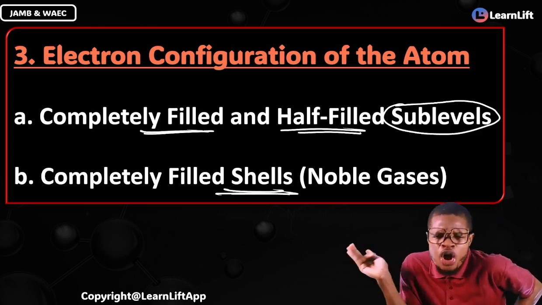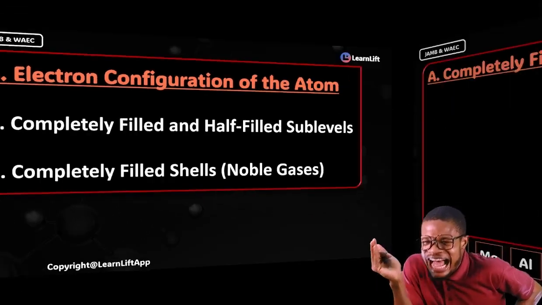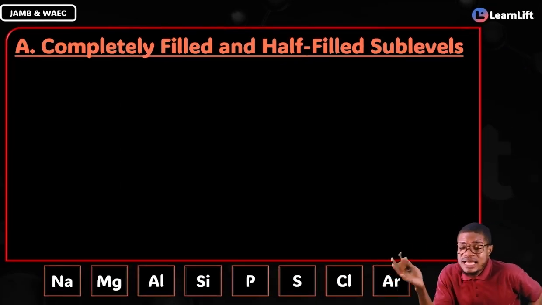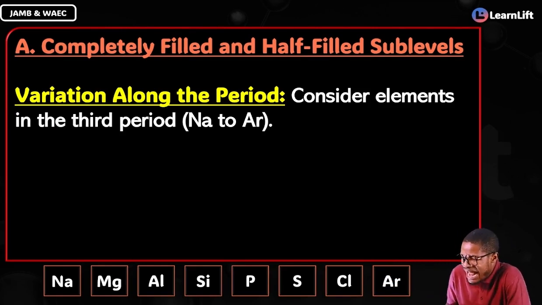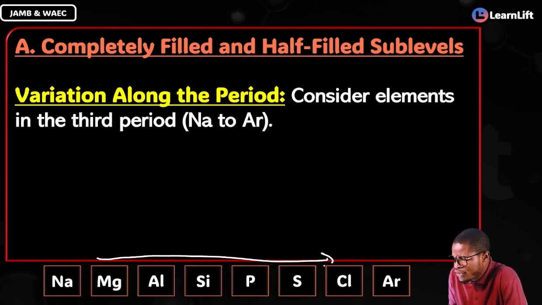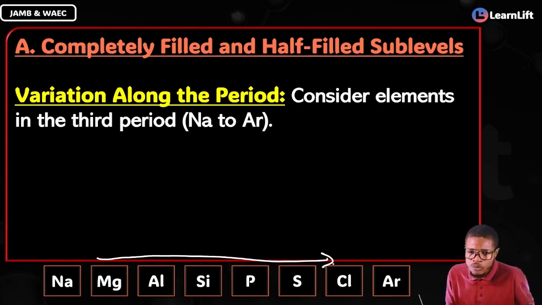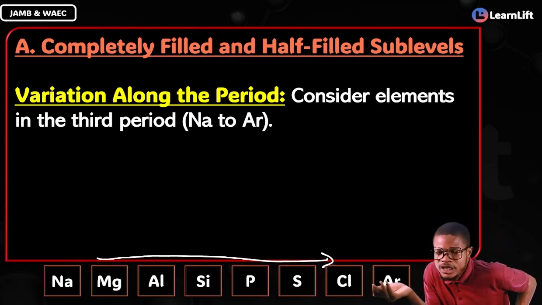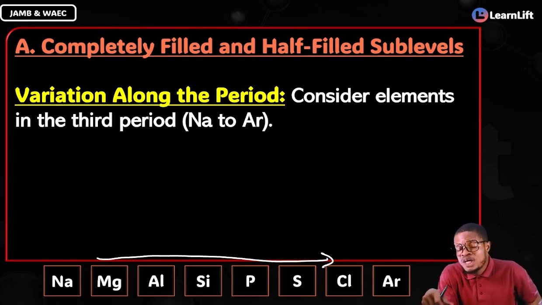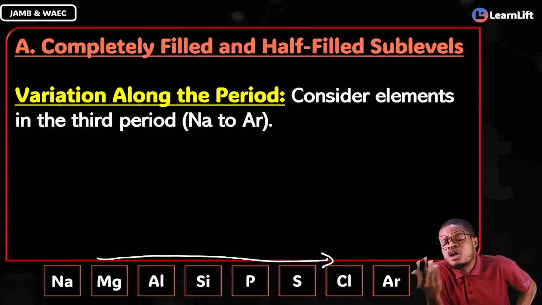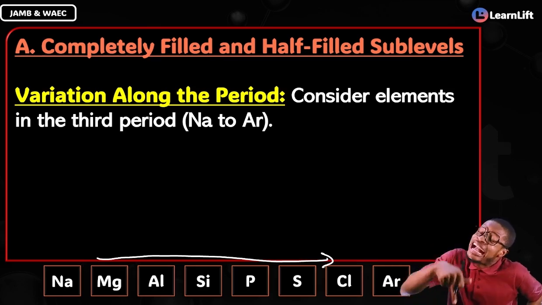Let's start with the first, completely filled and half-filled sublevels. First, I'd like you to note the variation across the period. Let's say we are considering the third period in the periodic table: sodium, magnesium, aluminium, silicon, phosphorus, sulfur, chlorine, argon.